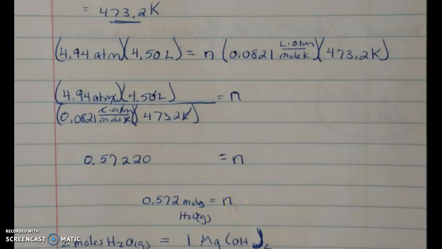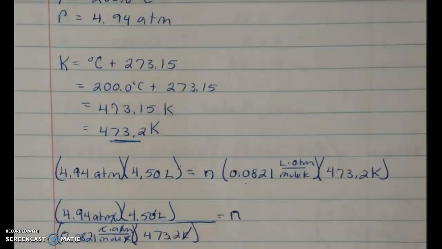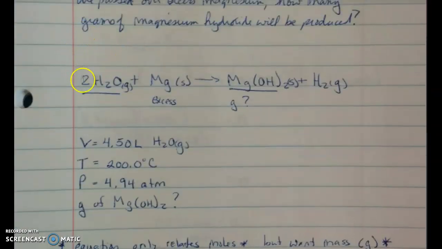Now, we cannot go directly to determining the grams using the molar mass with this, because we don't care about how many grams of water we have. We want to know the grams of magnesium hydroxide. So when we go back up here and look at the equation, for every 2 moles of water vapor that are used, we are going to generate 1 mole of magnesium hydroxide.